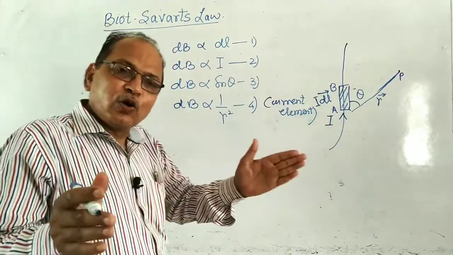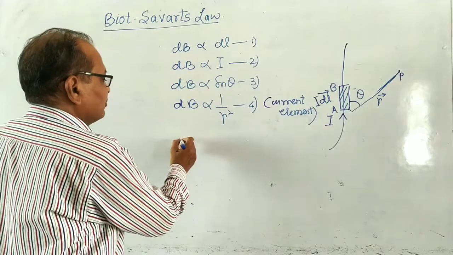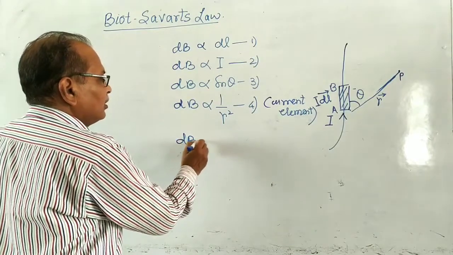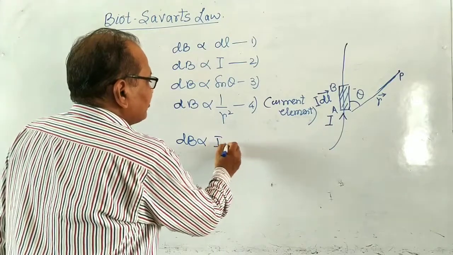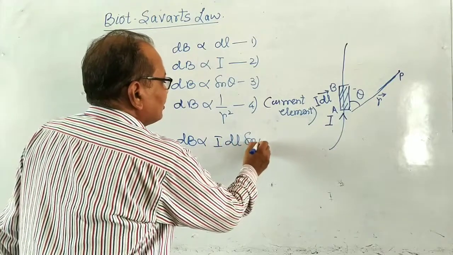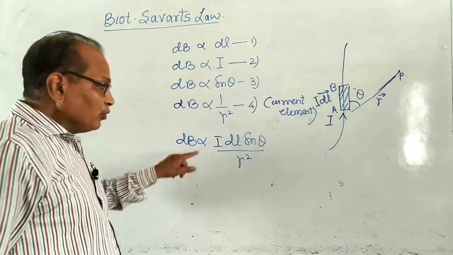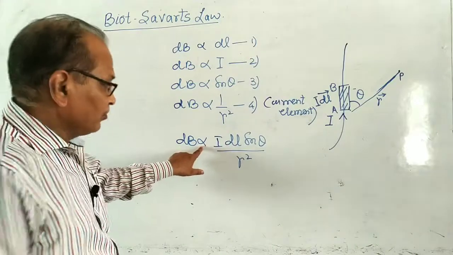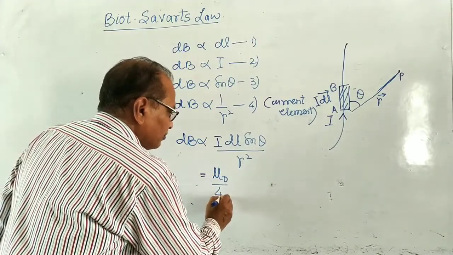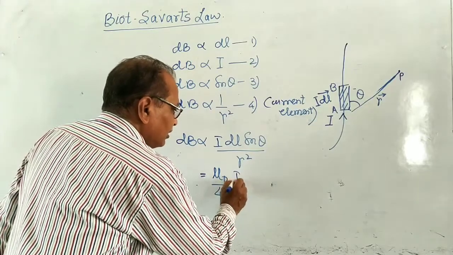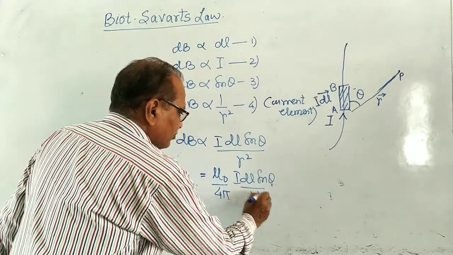If you combine all the four conditions, what do you get? This formula: dB is proportional to I dl sin theta upon r square. If you remove this proportionality sign, you will get mu naught upon 4 pi times I dl sin theta upon r square.